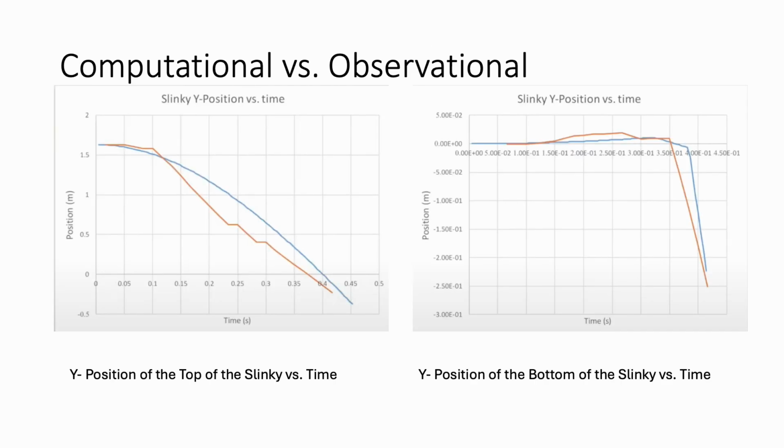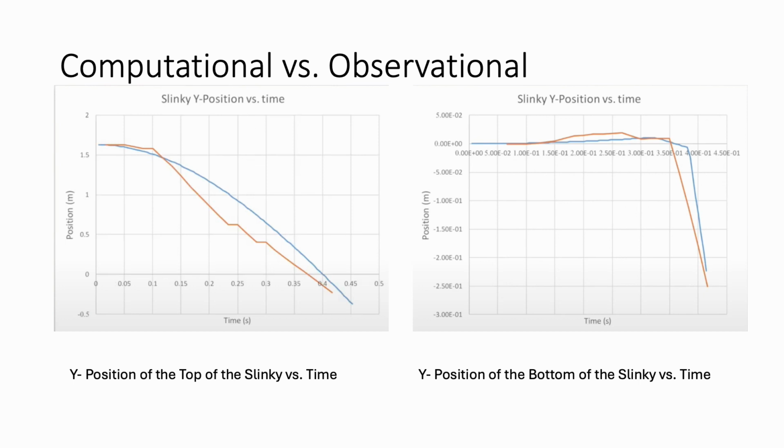All right. And then here we actually made a graph comparing the computational versus observational data values. On the left, we have the y position versus time at the top of the Slinky. As you can see, the observational data is in orange, and the computational is in blue.